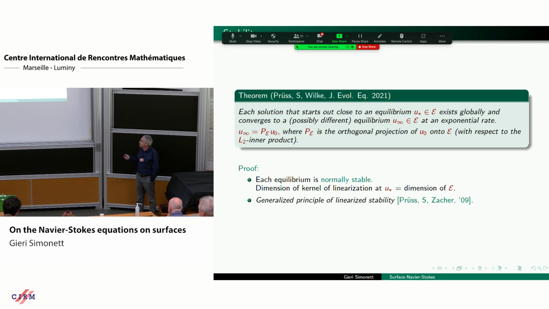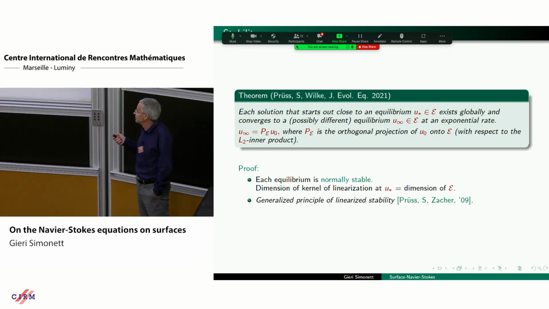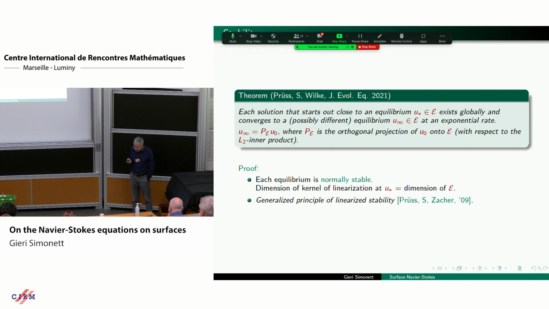But you can say more. This stands for the orthogonal projection down onto the finite dimensional vector space of Killing fields. You can prove that. You just have to be careful: in the case of a Killing vector field, it has some symmetries. That means if you want to apply linearized stability, you have to be careful that in that case 0 will be an eigenvalue.